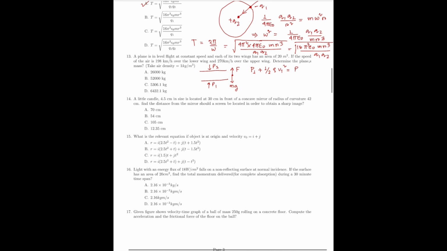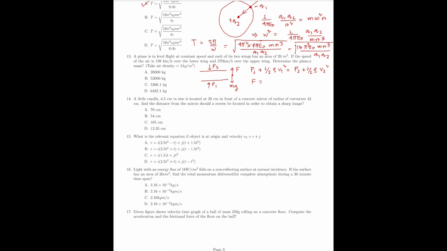So according to the Bernoulli equation, we know that P1 plus half rho V1 square, where rho is the air density and V1 is the speed of the air below the lower wing, must be same as P2 plus half into rho V2 square.